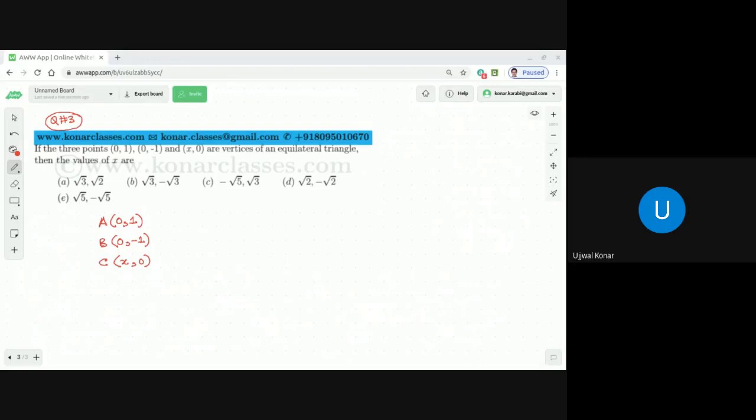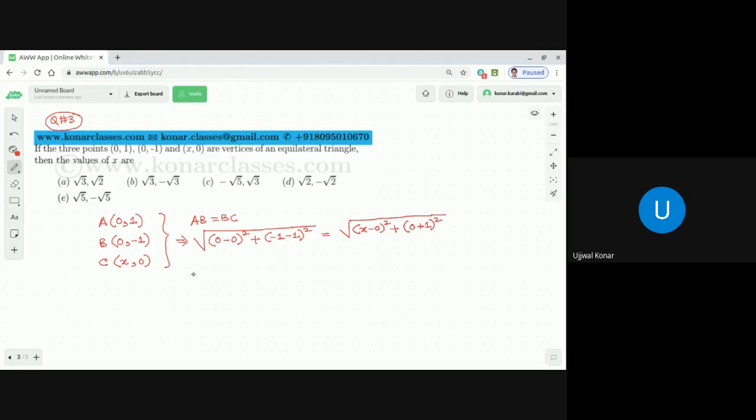Now, as it is an equilateral triangle, definitely AB should be equal to BC, correct? From here we can say AB is equal to BC. And if we find AB equal to BC, this implies AB is equal to square root of 0 minus 0 whole square plus minus 1 minus 1 whole square, that is equal to square root of x minus 0 whole square plus 0 minus minus 1, that means 0 plus 1 whole square.